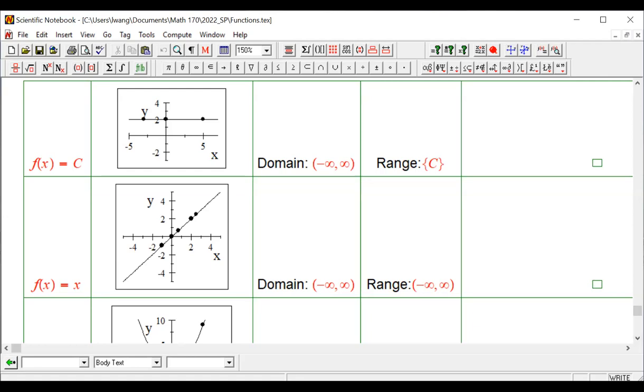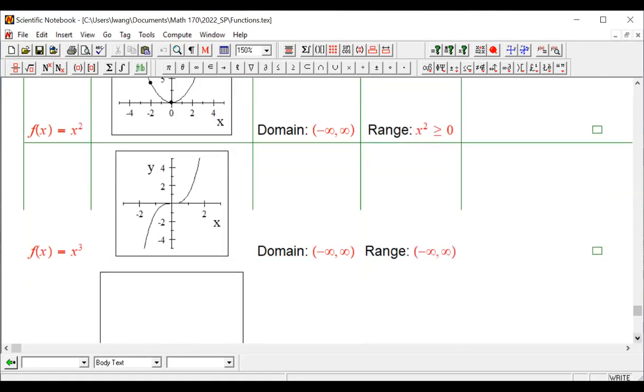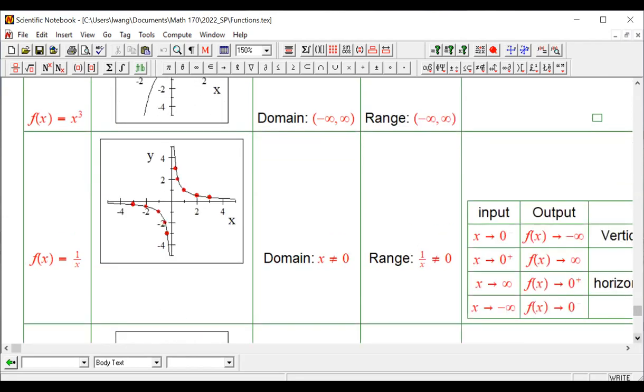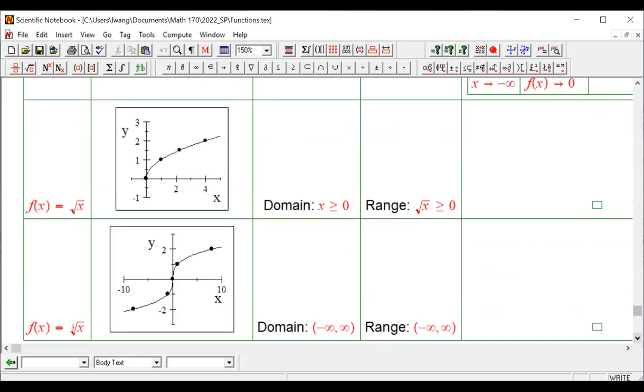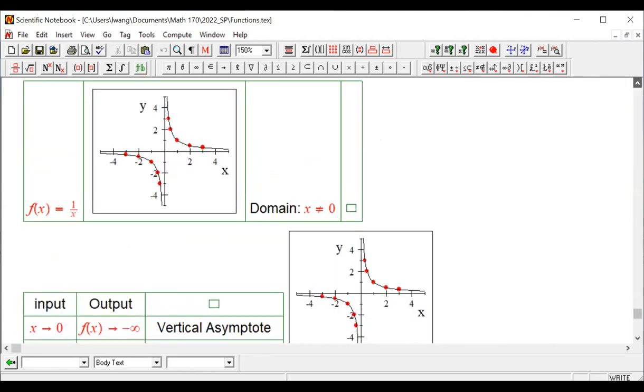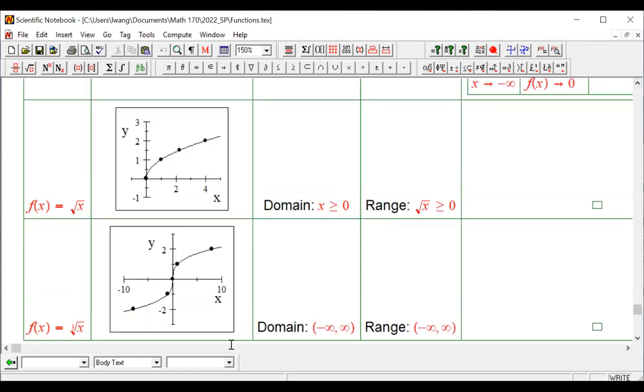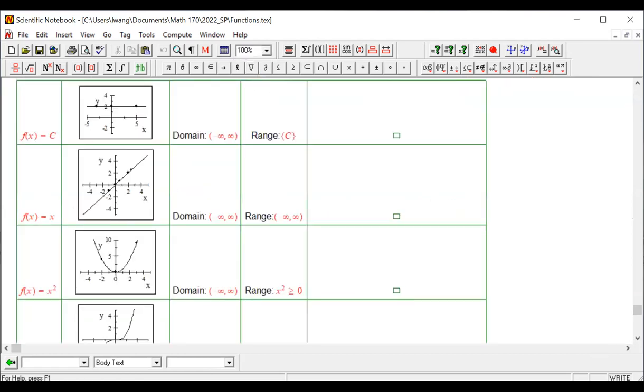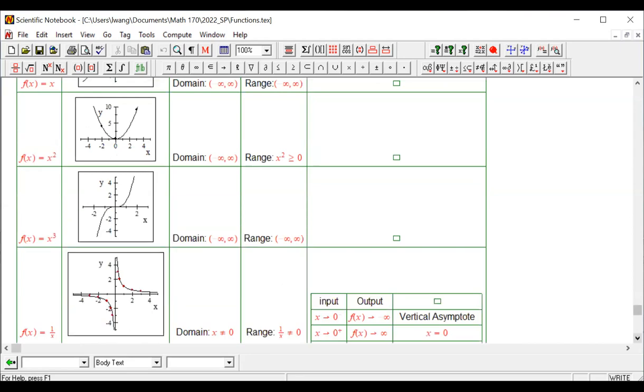Constant function, x squared, x cubed, 1 over x, square root of x, and the cubic root function. The domain and range are all summarized.